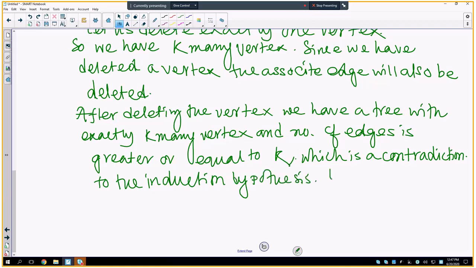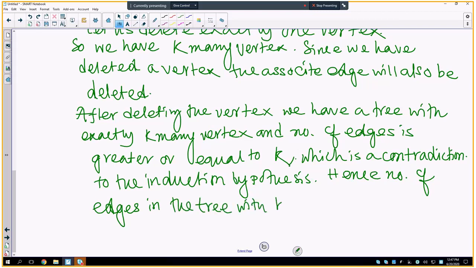Hence, the number of edges in the tree with k plus 1 vertices is at least k.